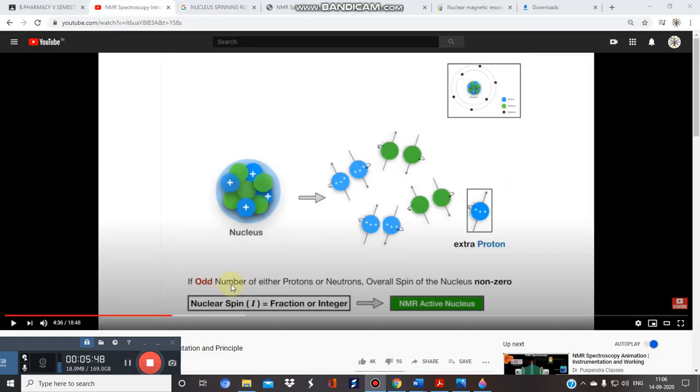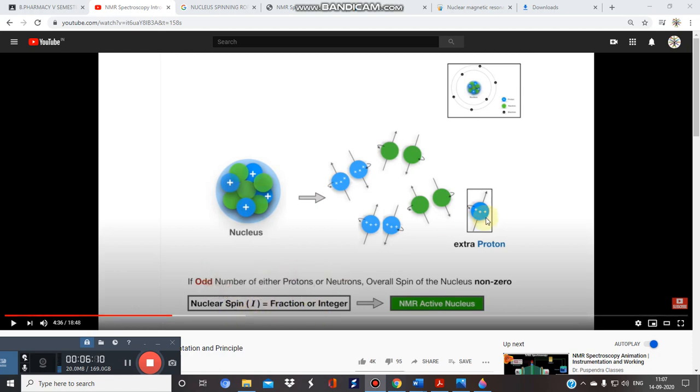In the second case, if an odd number of either protons or neutrons are present, then the overall spin is non-zero, and that type of atom we consider for NMR. These are NMR active nuclei, in which there is a nuclear spin.